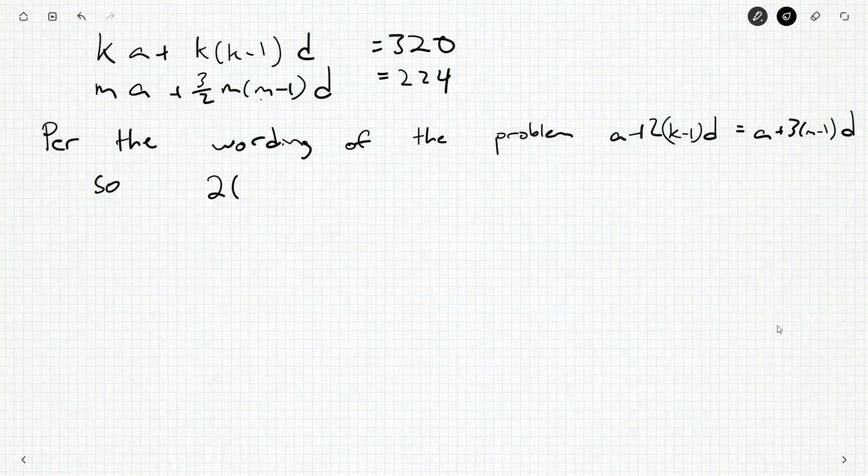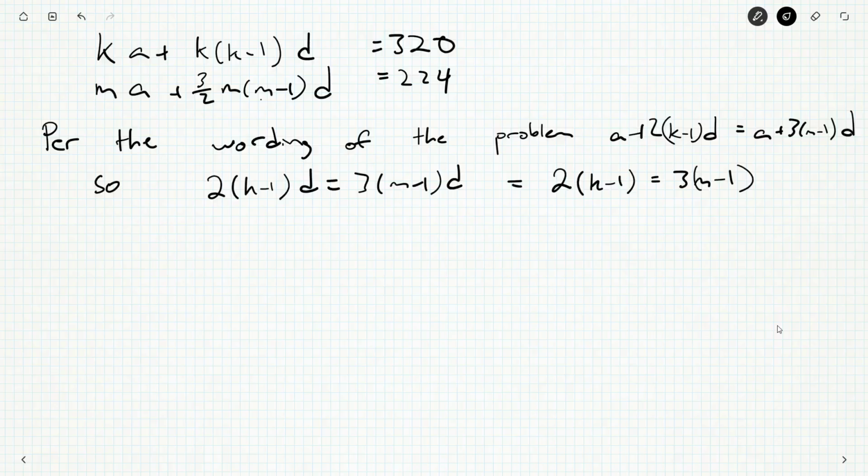So then 2 times k minus 1 d is 3 times m minus 1 d, so we just subtract a from both sides and divide by d on both sides. 2k minus 1 is 3m minus 1.